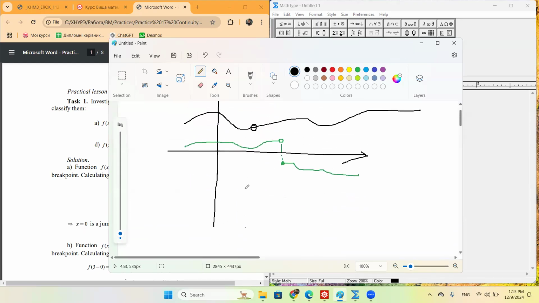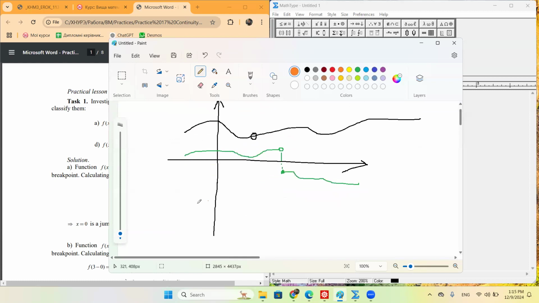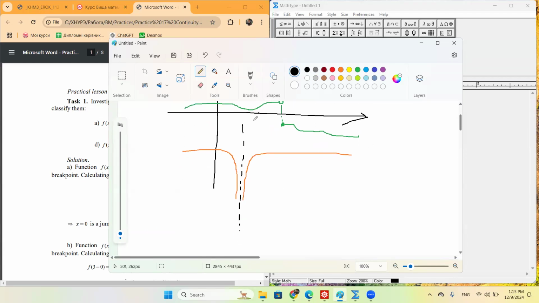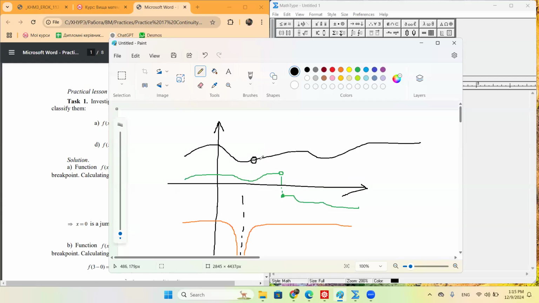And also we have, for example, something that looks like this. A discontinuity point of the second kind is when the limits from the left and from the right at the point are either infinite or do not exist. For a removable breakpoint, the limits from the left and from the right are equal.